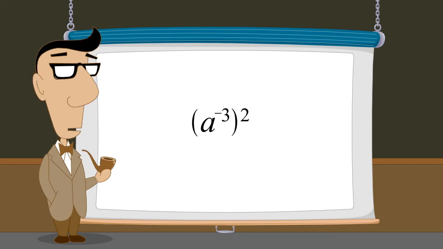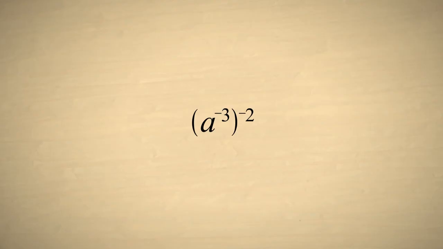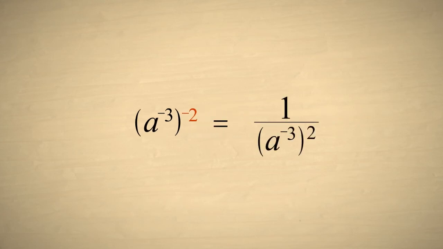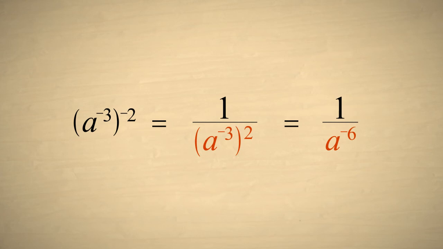Now let's see if our rule works when both exponents are negative. The term in parentheses has an exponent of negative 2. So let's rewrite it as 1 over the same term with an exponent of positive 2. In the previous example, we found that if we square a to the negative 3, we get a to the negative 6.